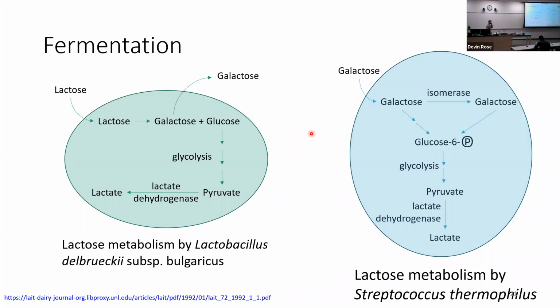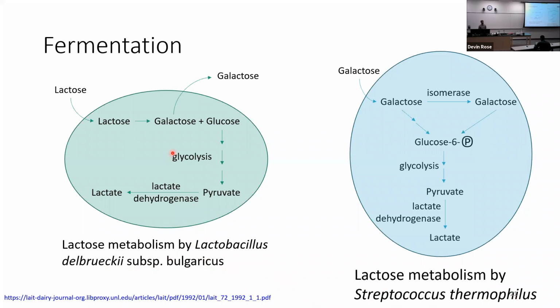There's also another case that's important for fermentation. This is making yogurt. So these are yogurt bacteria here, Lactobacillus delbrueckii bulgaricus, and then Strep thermophilus. If you look on your yogurt container, typically you'll see both of these listed as active cultures.